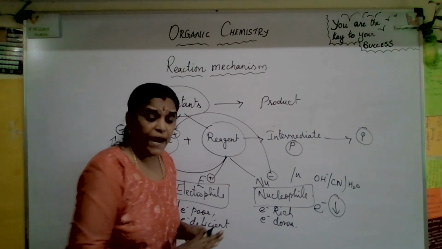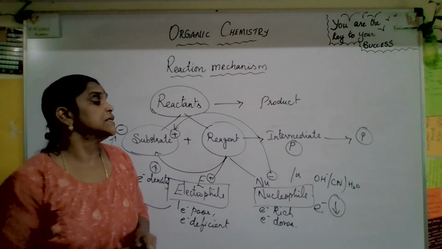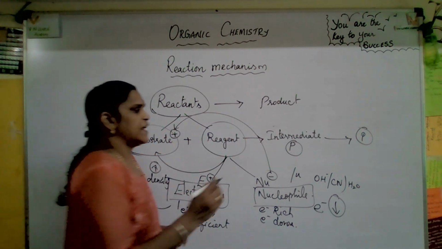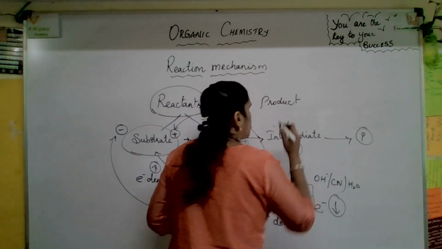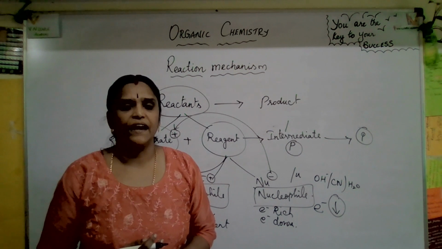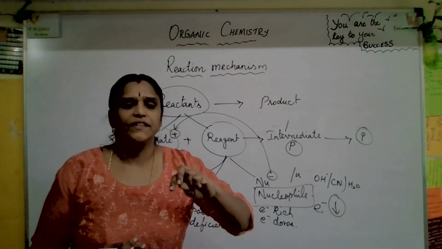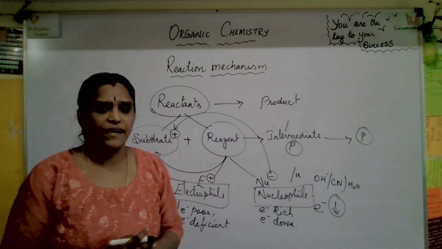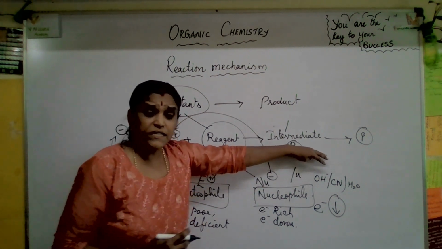Now let us go and identify the intermediate: carbocation, carbanion, and free radical or transition state. So these are the points in the intermediate state. What is the intermediate state?